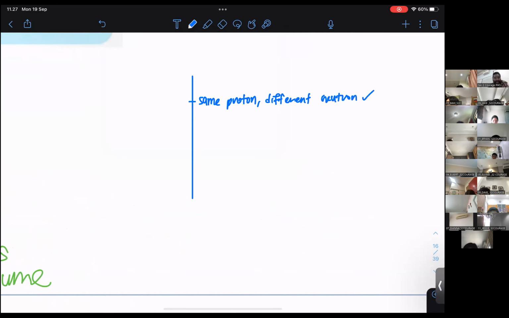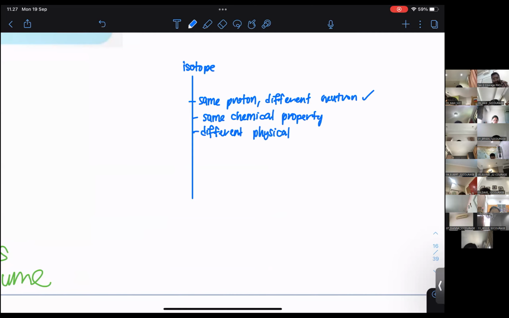That is the definition. Isotopes also have the same chemical property because they have the same number of electrons. But they have different physical properties because, for example, they can have different mass and different density, because their mass number or neutron number is different. Please remember these three.